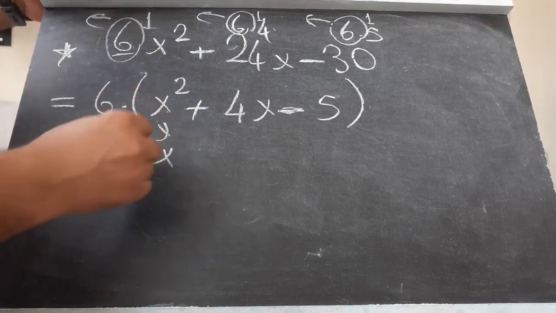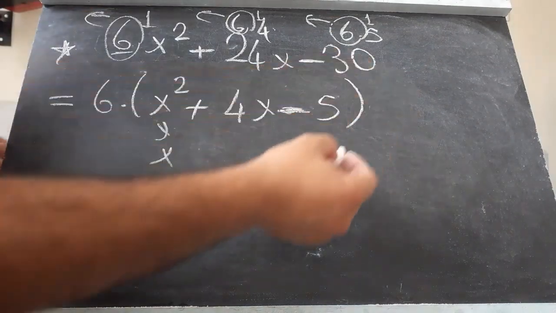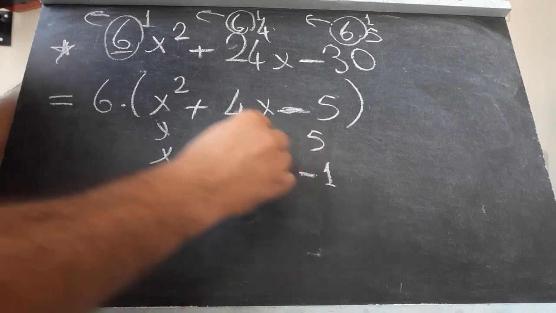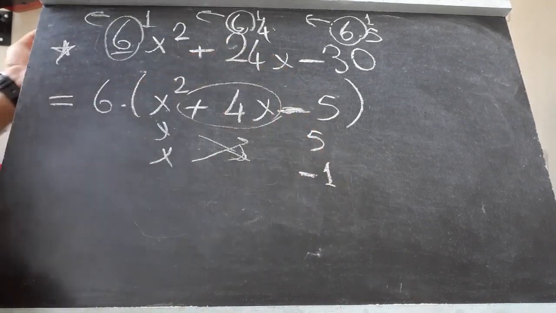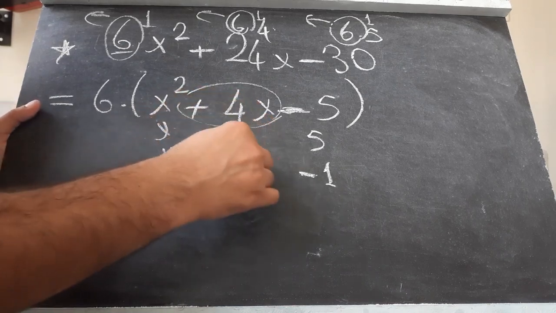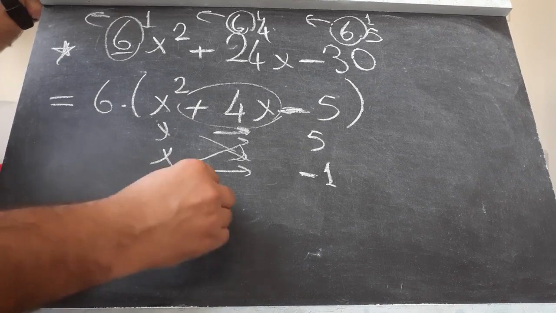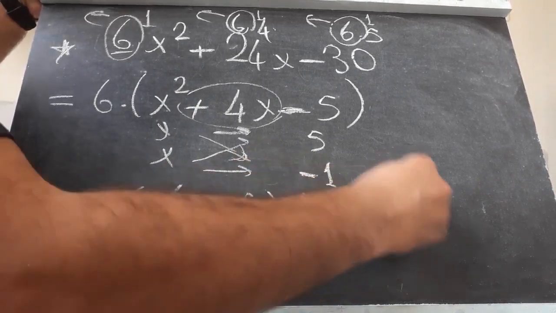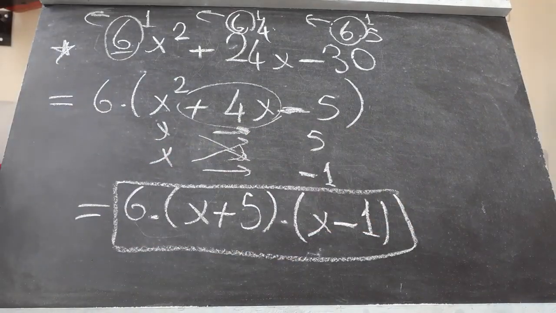See, I told you I don't need to write factors of the number every time. The factors are going to be 5, negative 1, because when you cross multiply, then add them up, it must give you that middle number. Then write correspondingly. That will be 6 times (x + 5)(x - 1). This is going to be your final answer.